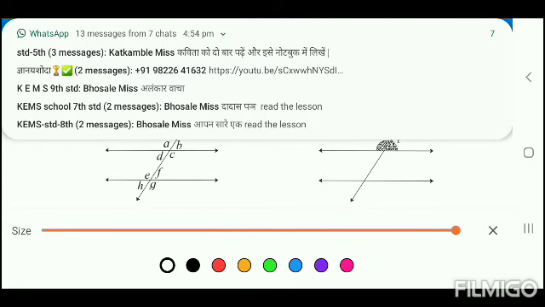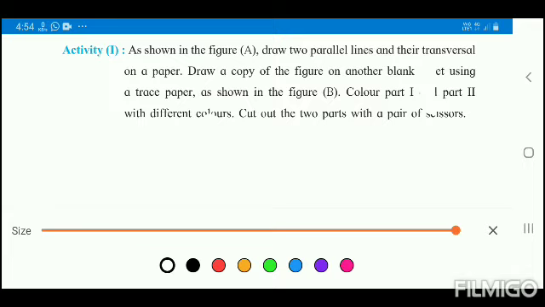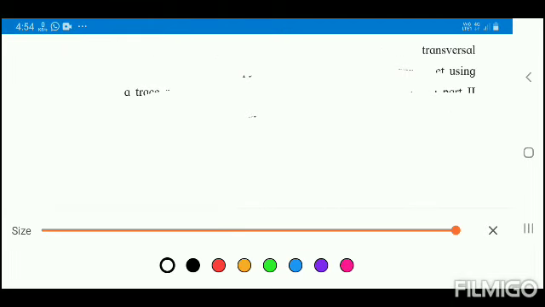First of all, I will rub these angles, the whole figure I will rub it, and we will see how to solve the examples. Okay, if they give you two parallel lines and a transversal, then how to solve the examples.